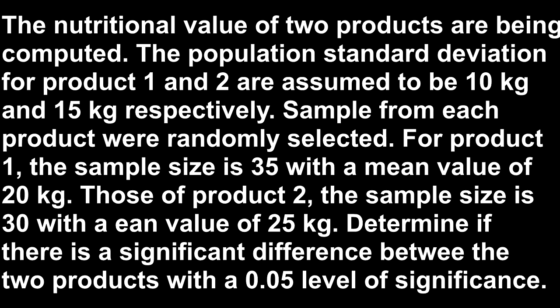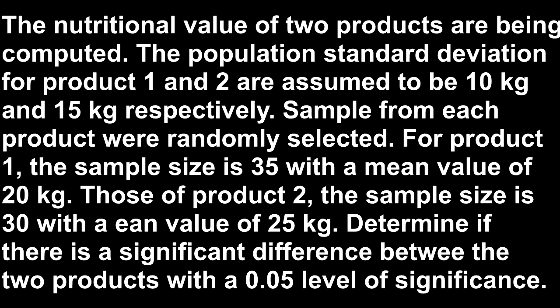The nutritional value of two products are being compared. The population standard deviations for product 1 and 2 are assumed to be 10 kilograms and 15 kilograms respectively. Samples from each product were randomly selected.